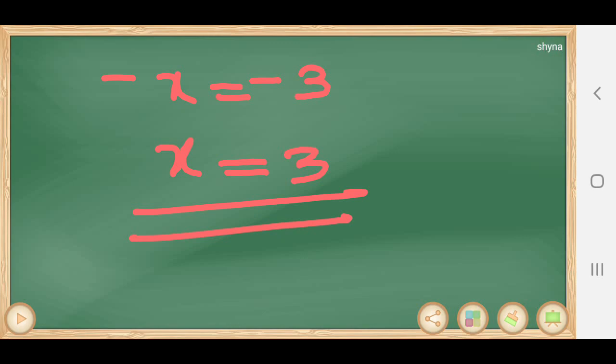Nothing more, dear children. Transpose all: first of all, variable terms on one side, numbers on the other side. That's the only way. While transposing, you have to remember its sign. If it is positive, while transposing it will be negative. If it is negative, while transposing it will be positive.